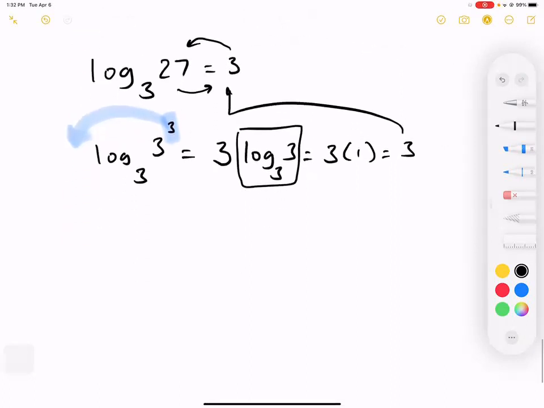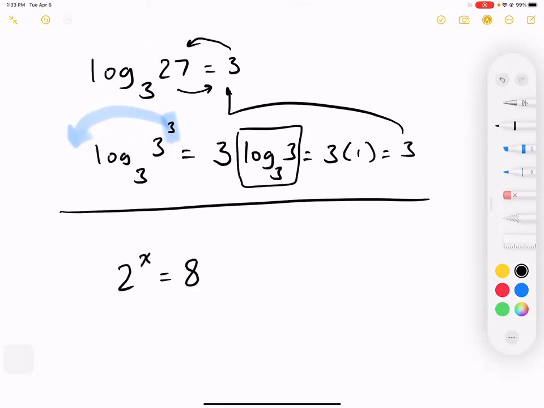Now, we'll do a simple version of this, one that we do know the answer to. If I write 2 to the x power is equal to 8, this power rule principle is actually the main reason why we're learning logs.